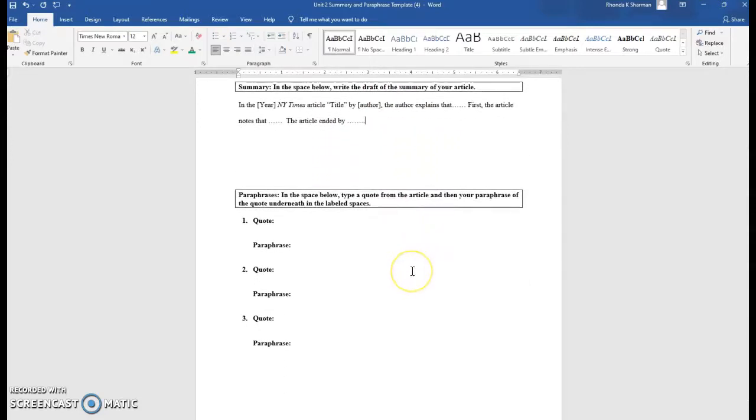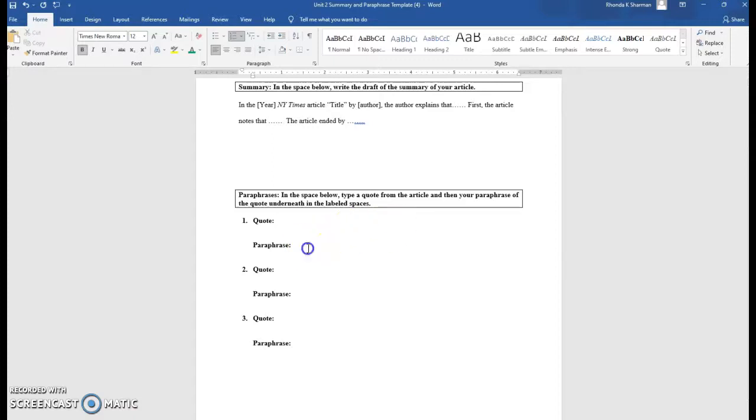The second part of this assignment is to pull 3 quotes, if you will, and they don't have to be something that's quoted within the article. When I say quote, I just mean material copied word for word from the article. So you would take a piece of a sentence from the article. You would put it here in the worksheet just as it was in the article.